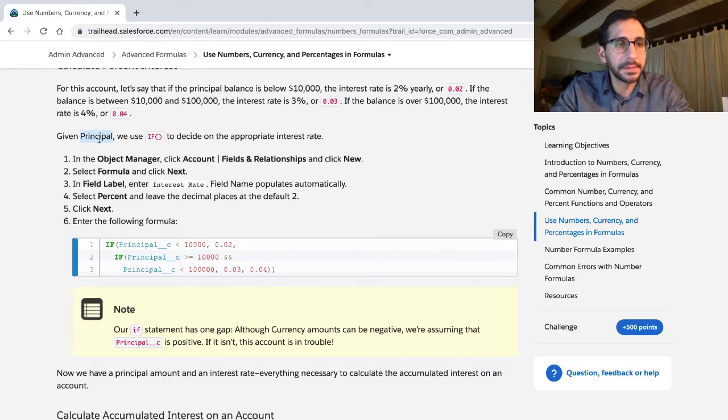Given principal. What does given principal mean? That's not English. We have delivered the principal. He is in your control now. Use the if to decide on the appropriate interest rate.